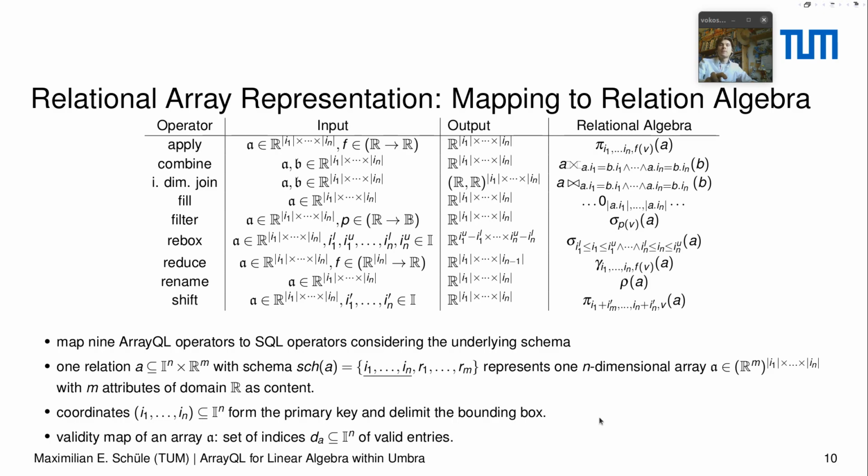The validity map of an array can be displayed as the set of indices of all valid entries. For example, an inner dimension join is translated into an inner join. The combine statement is translated into a full outer join. A filter operation is of course translated into a selection.